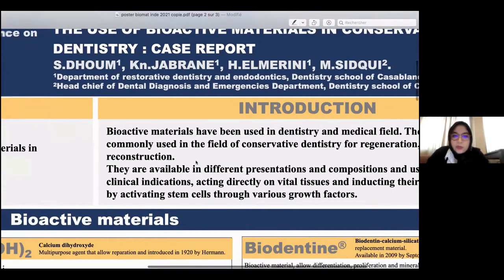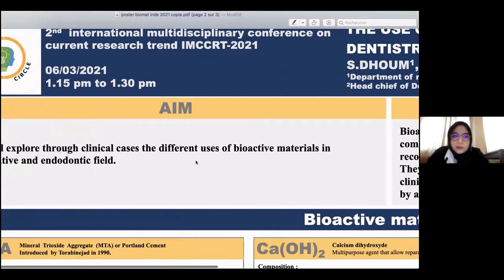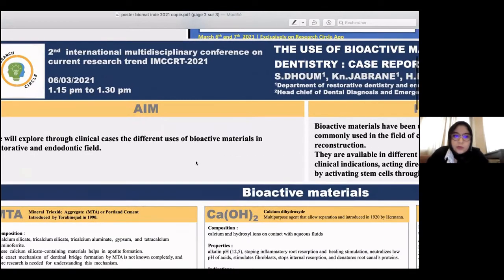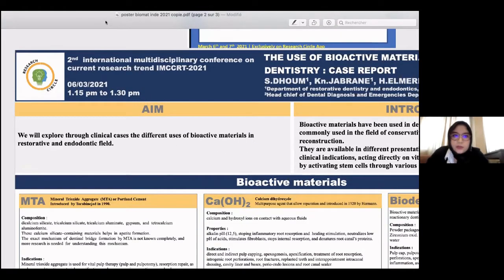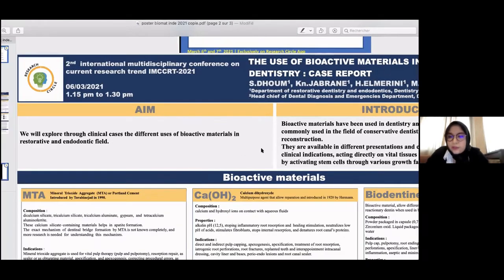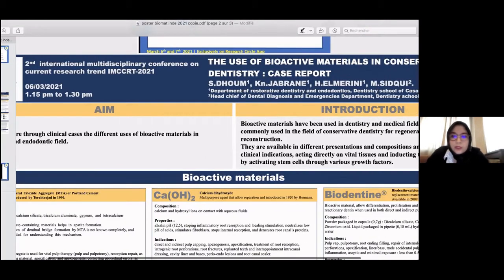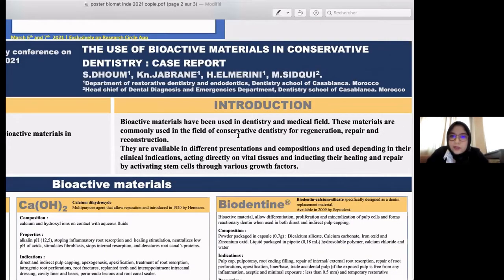The aim of this work is to explore, through clinical cases, the different uses of bioactive materials in the restorative and endodontic field. Bioactive materials have been used in dentistry and the medical field, and are commonly used in conservative dentistry for regeneration, repair, and reconstruction.